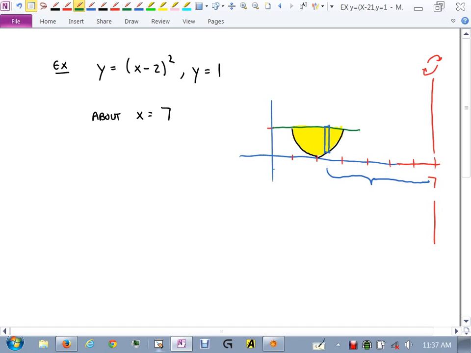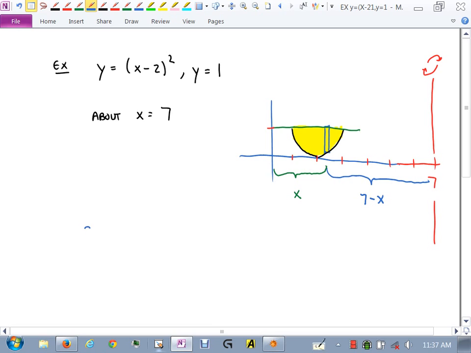Keeping in mind that the distance from the y-axis to the rectangle is what? x. And the distance total from the y-axis all the way here is 7. So this would be 7 take away x, right? 7 take away x. So 7 minus x is our radius. So set it up.